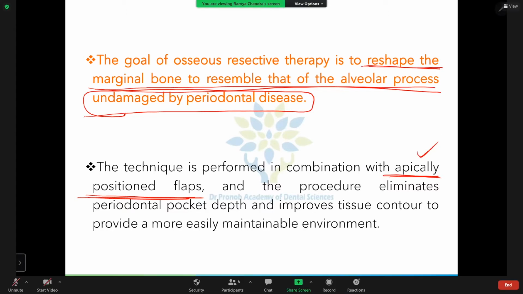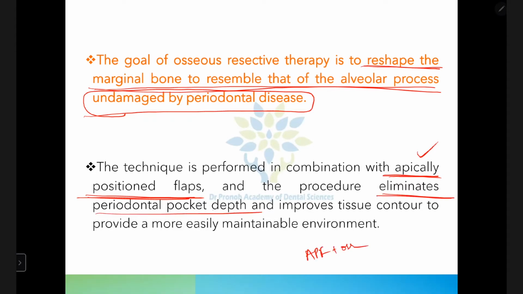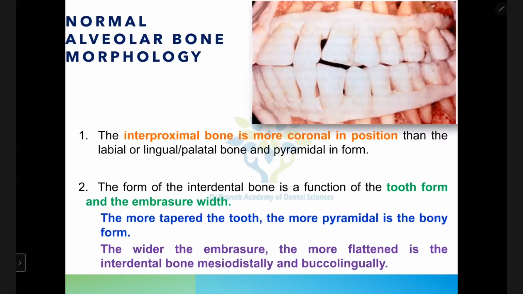So the apically positioned flap plus osseous surgery will eliminate the periodontal pocket depth and improve the tissue contour. We are removing the bone deformities and adapting the gingiva onto the bone such that there is an improved tissue contour and an easily maintainable environment. In order to shape and contour the bone, we need to know what a normal bone morphology is.